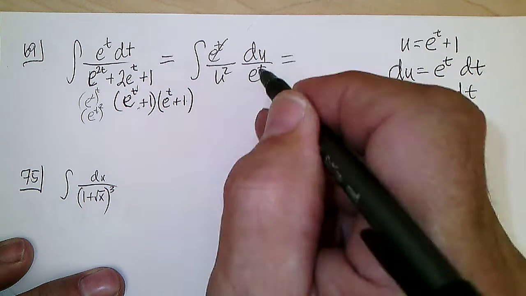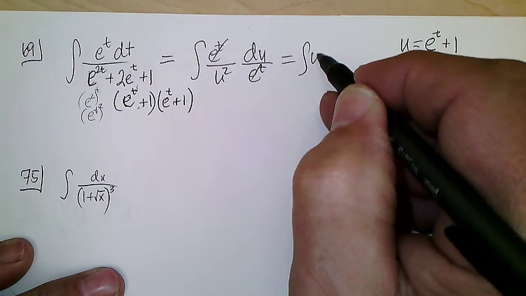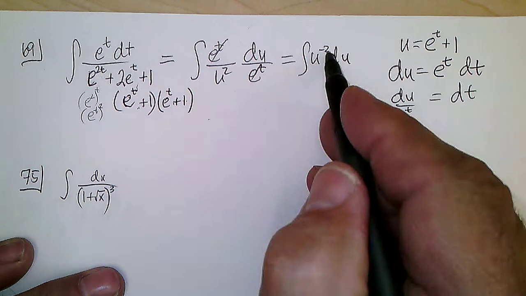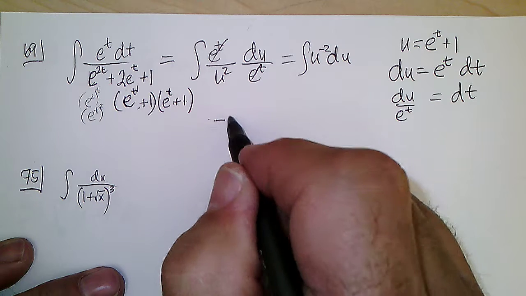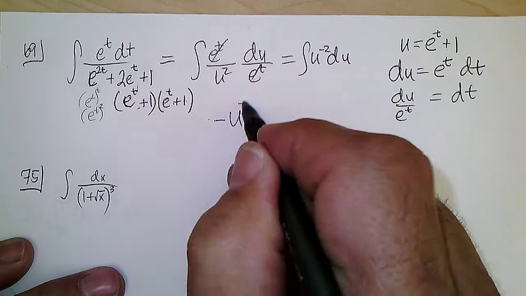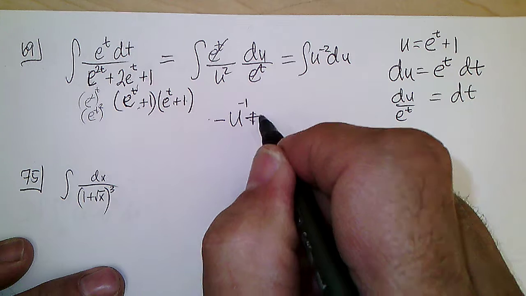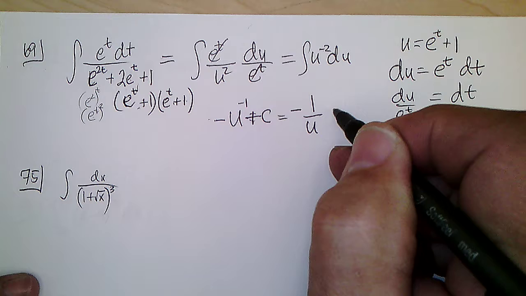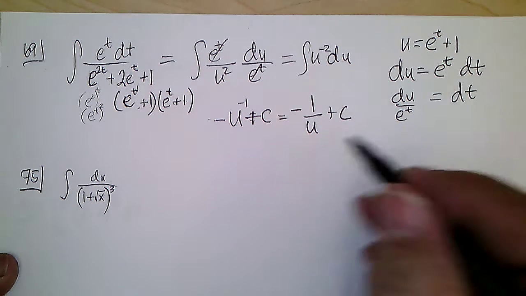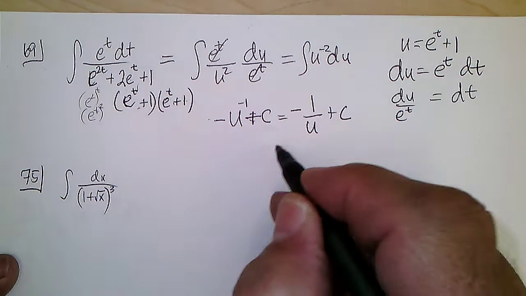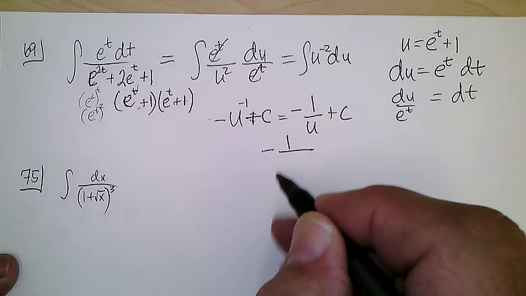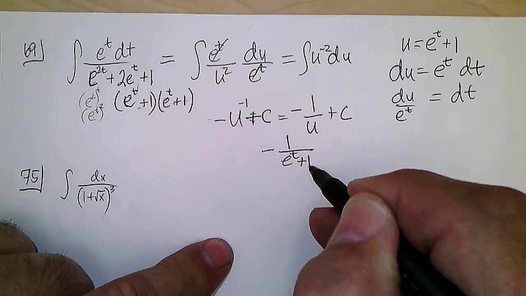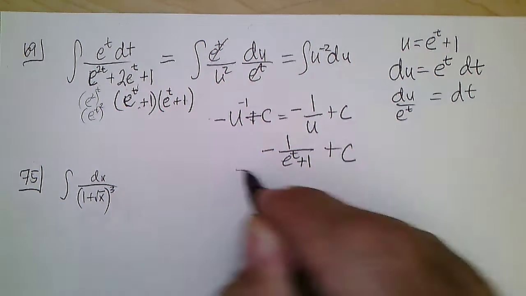So this becomes the integral of u to the minus 2 du, which, raising that by 1, is minus 1, divide by minus 1, and u to the minus 1, plus c, which is minus 1 over u plus c. Going back to the t's, this would be minus 1 over e to the t plus 1 plus c.